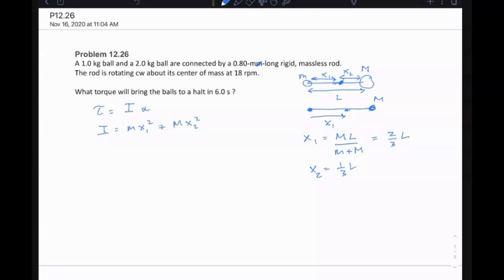Okay, so now we can go back to our determination of the moment of inertia.